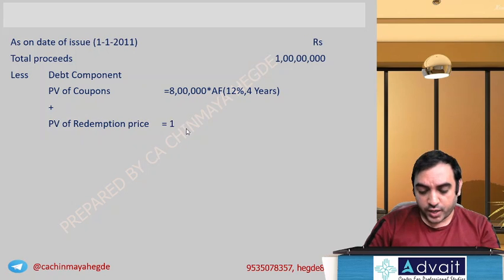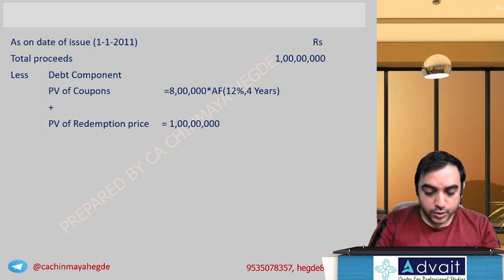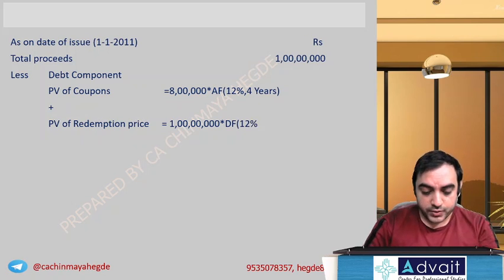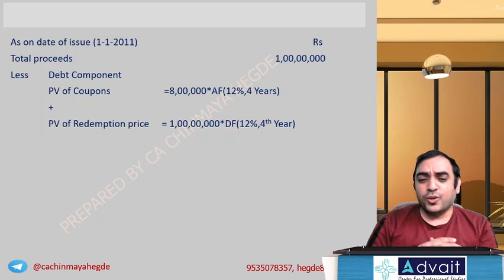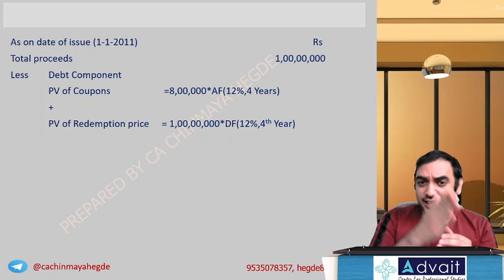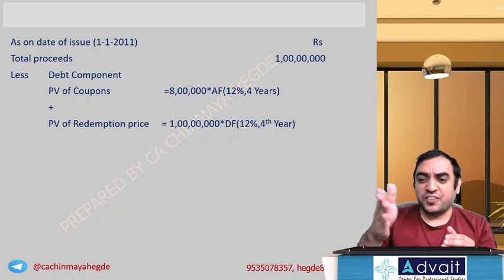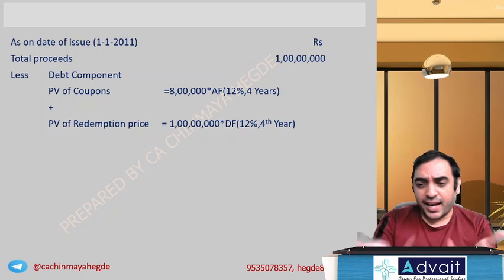Redemption price is 1 crore because it is redeemable at par, into the discounting factor at the rate of 12% for the fourth year. You can also prepare a tabular format like what we used to do in SFM: year, cash flow, discounting factor, discounted cash flow. But hope you understand the concept ultimately.